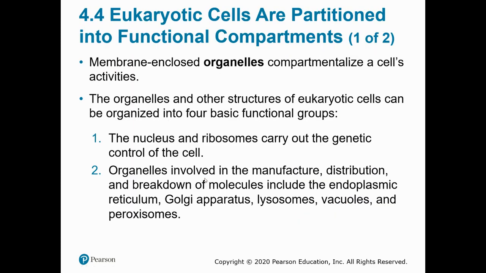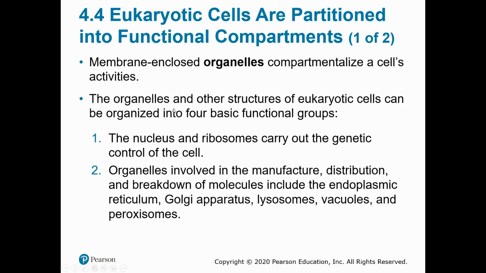Now, a eukaryotic cell, because it's not so small, has to make smaller compartments inside, and then diffusion can function within the smaller compartments, where some of the other functions have to be handled in a different way.